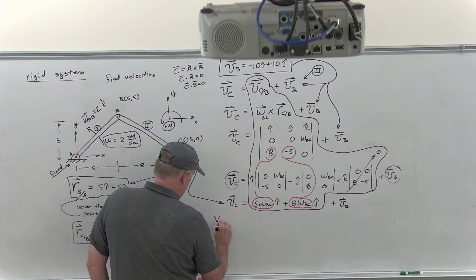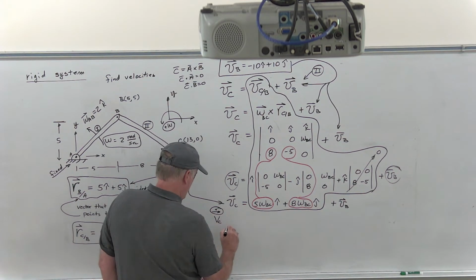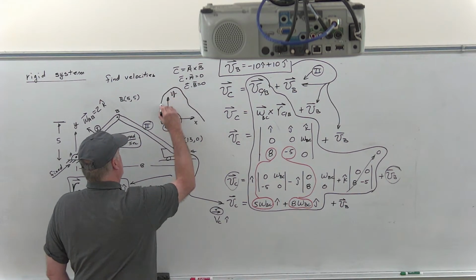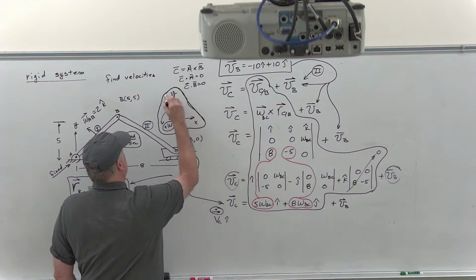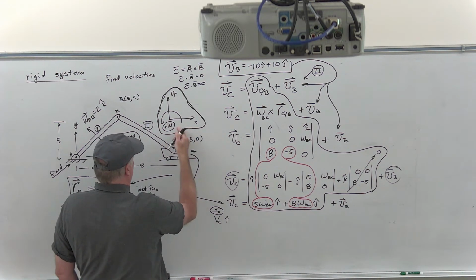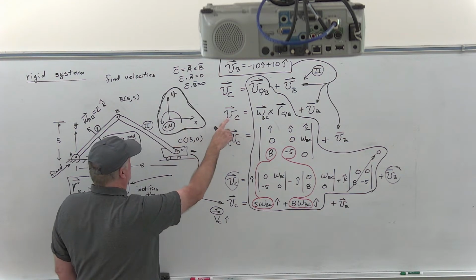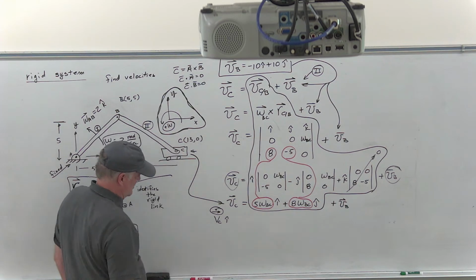Therefore, I'm going to assume it to be to the right. I may be proven to be wrong, but if I do not know the answer, I tend to follow this for my positives and negatives. So if I do not know it, I will assume it to go down the positive axis, or up the positive axis, or in the positive rotational direction.